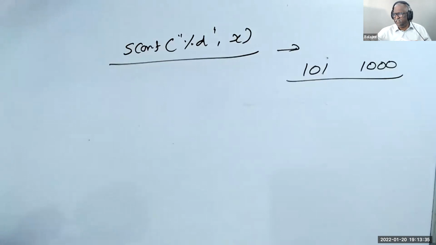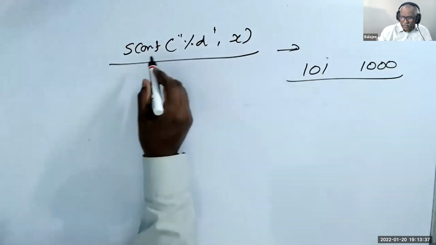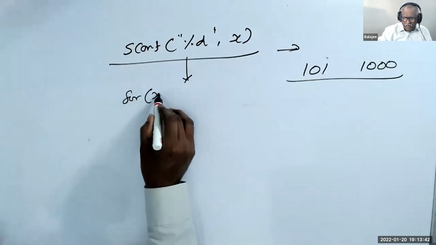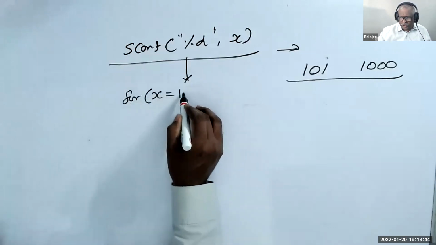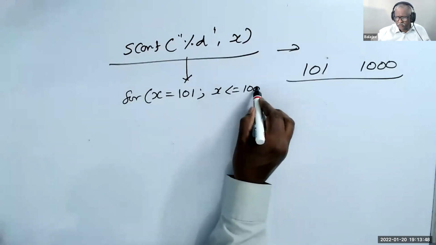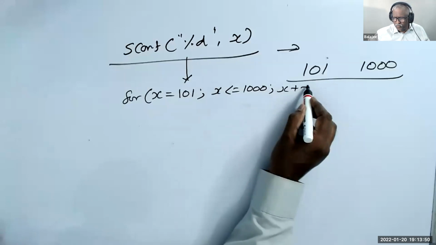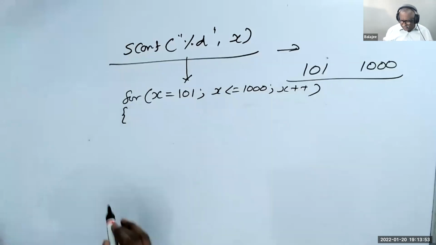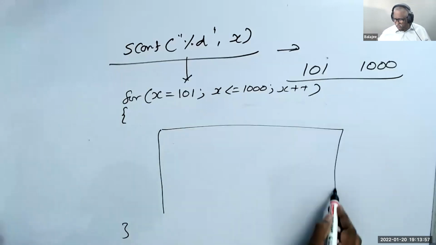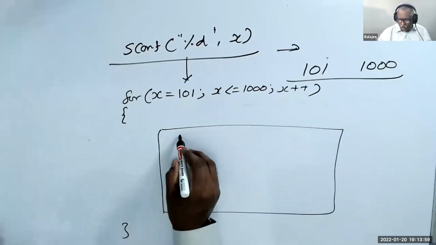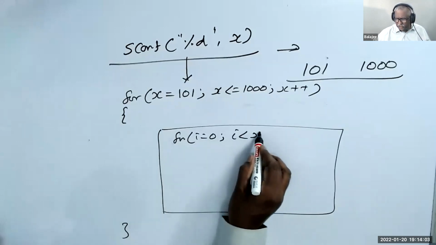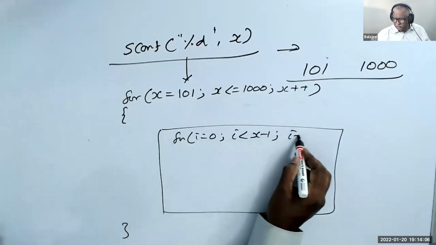then instead of this, you say for x equal to 101, x less than or equal to 1000, x plus plus. This replaces the input. Now your actual prime number finding is here. You say for i equal to 2, i less than x minus 1, i plus plus.